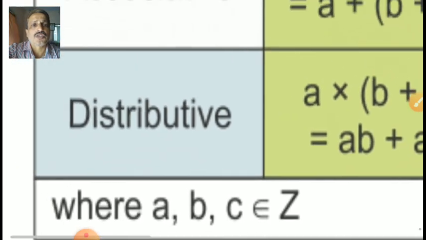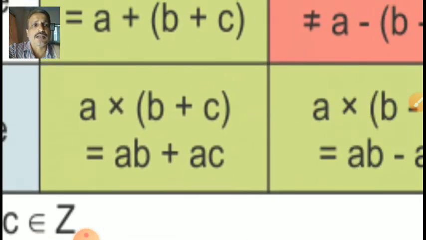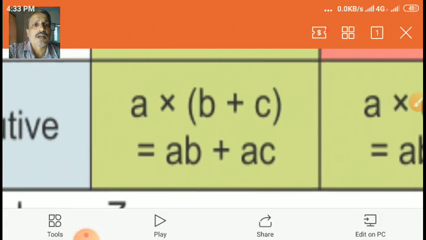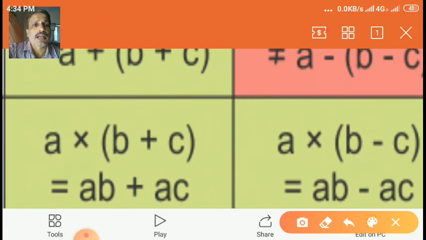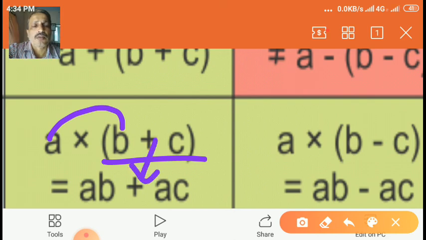Last but not least, the distributive property. Distributive means whenever you multiply one number with numbers in a bracket, either positive or negative, this number has to multiply with the first number, and then put the sign of the bracket, plus or minus, and then the same number multiplies with the second one, ab and ac also.